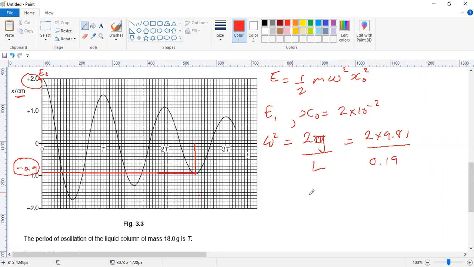Okay. What else do we need? Mass is 18 grams. We have to convert this into kilograms. So it's 18 over 1000, which is the same as 18 times 10 to the minus 3. All right.